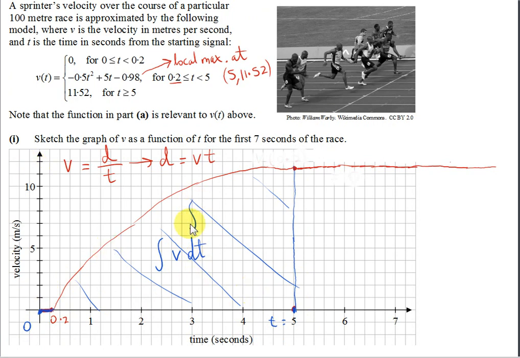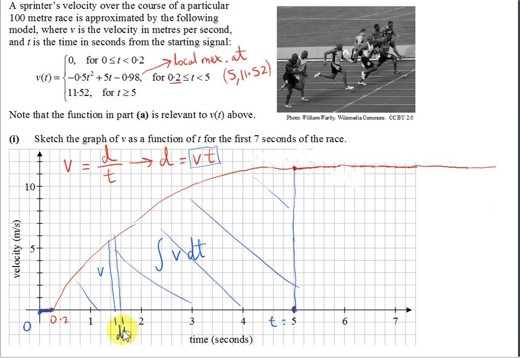So this is like integrating y with respect to x to get the area under a curve. But you can see that v times dt is the same kind of form as distance is velocity times time. But here, when we're calculating v times dt, we're actually getting the area of a very thin rectangle whose height is v and whose width is dt.